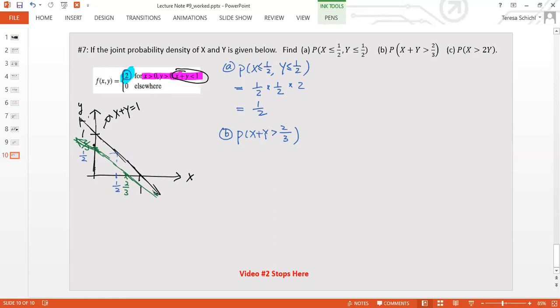This green line is x plus y equal to 2/3, and they say it's greater than. So which area am I looking for? I'm looking for greater than, so that means above. So I'm looking for this area, the blue area.